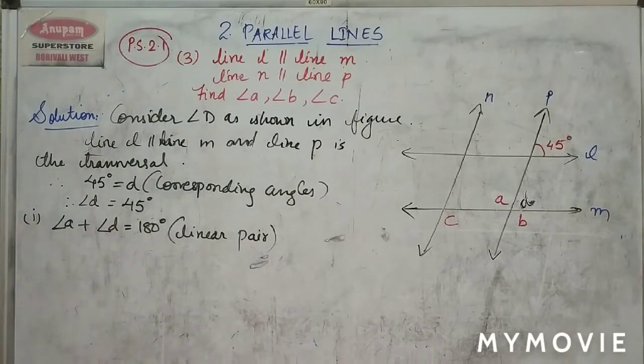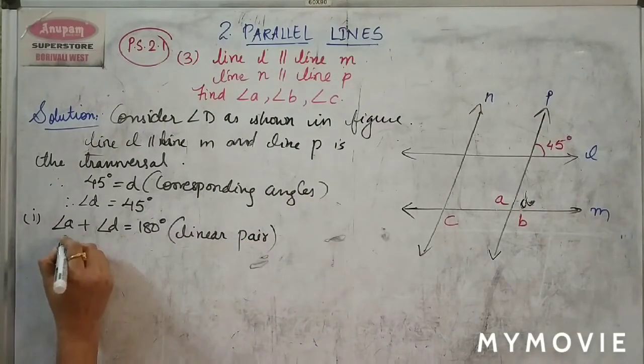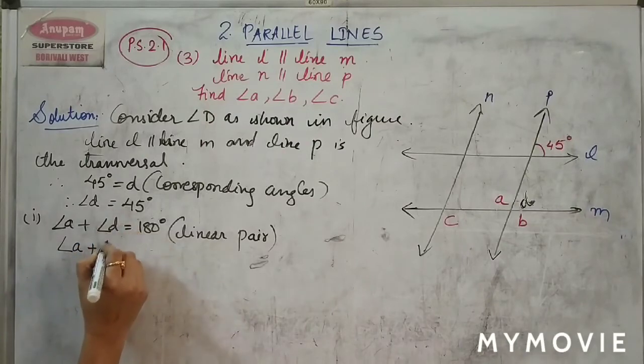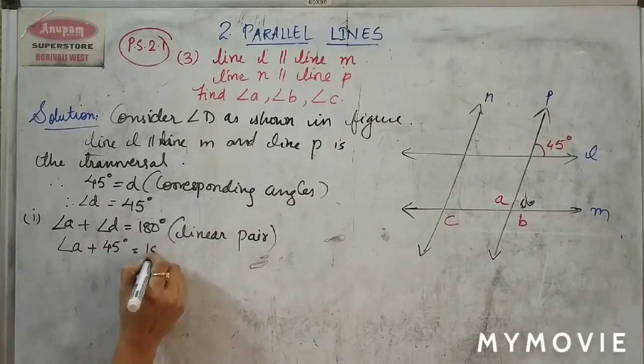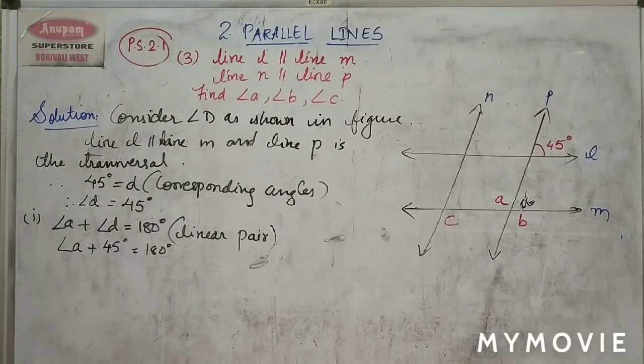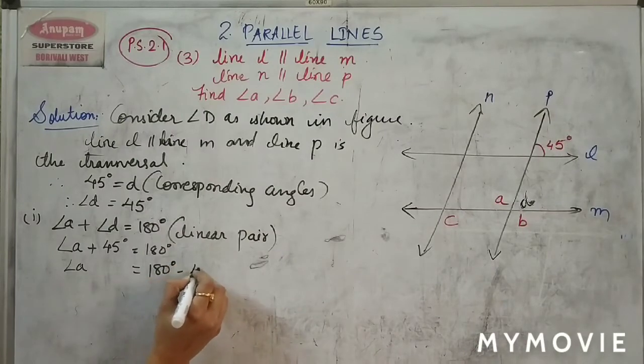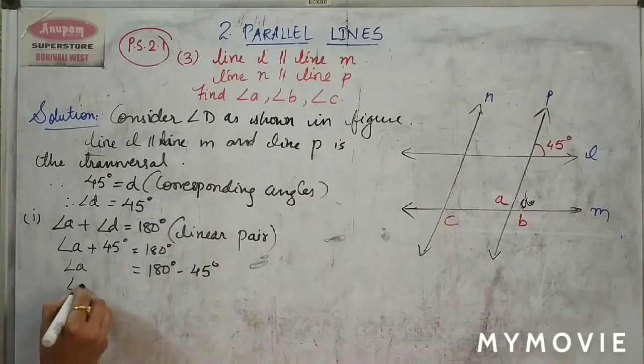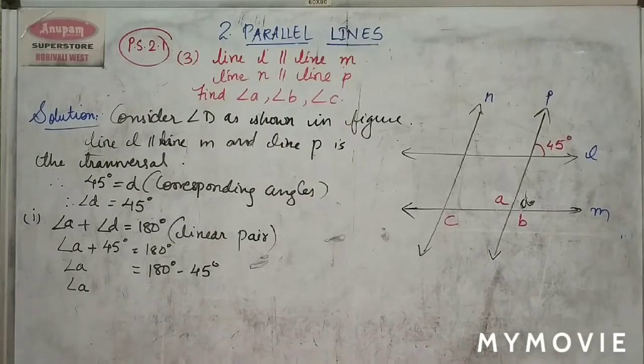Once I do that, I'll substitute the value of D here. Angle A plus 45 degrees is equal to 180 degrees. Therefore, angle A is equal to 180 degrees minus 45, which is 135.